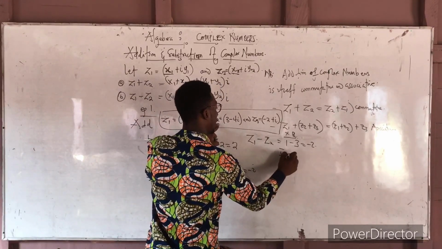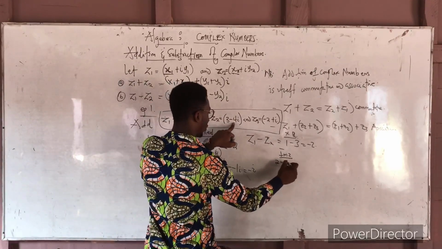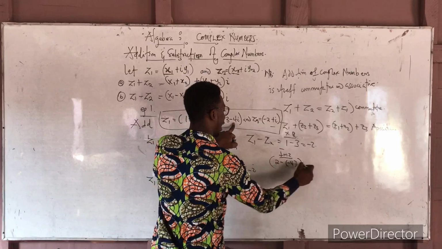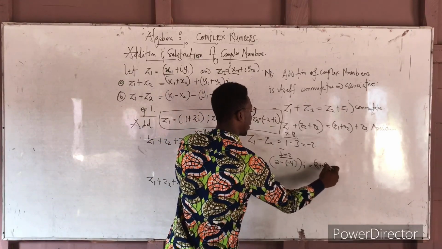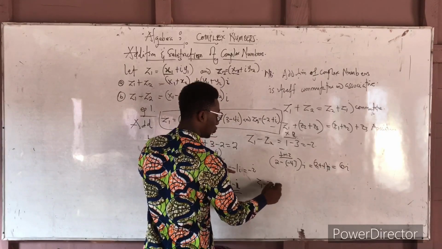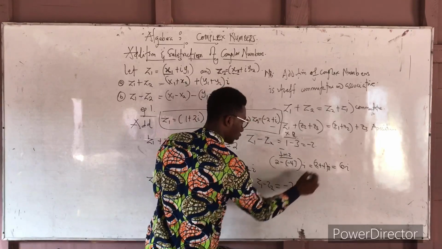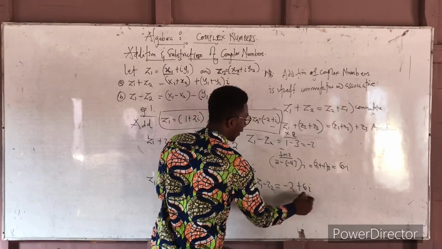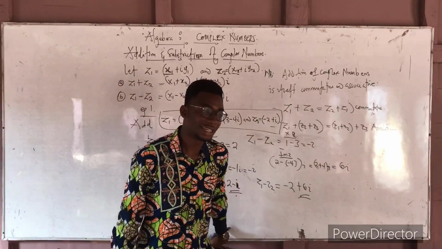And the imaginary part is 2 minus 4 i, that is, 2 plus 4, which is 6i. So z1 minus z2 gives you minus 2 plus 6i.